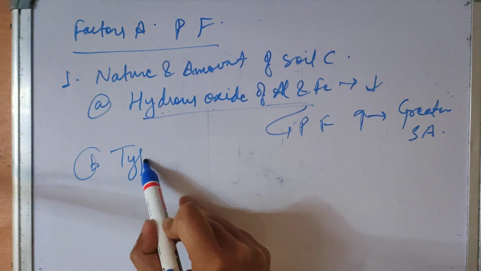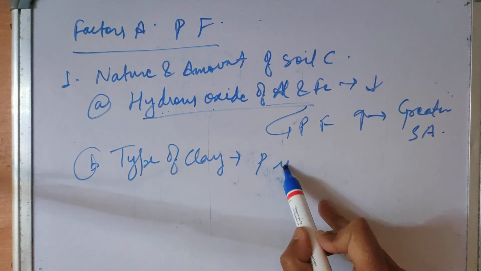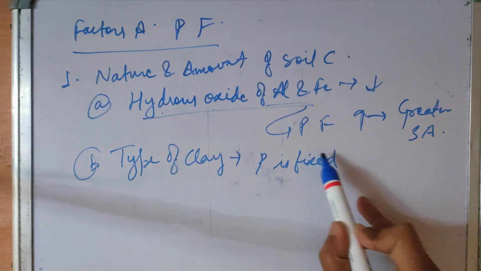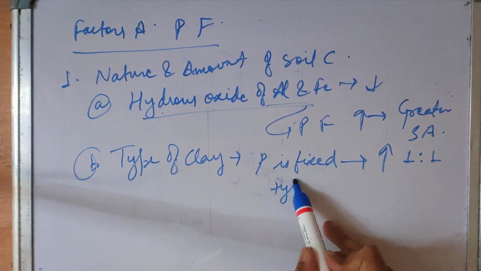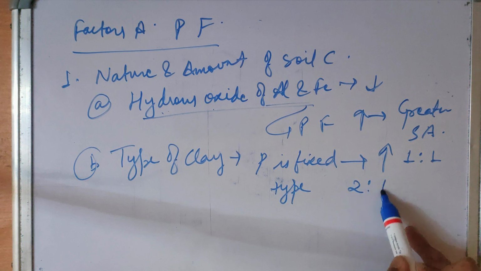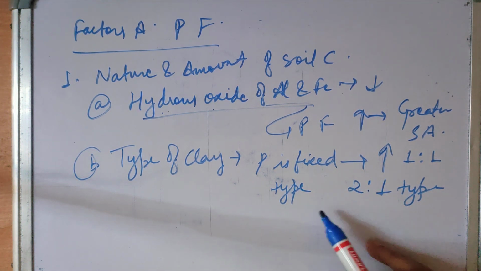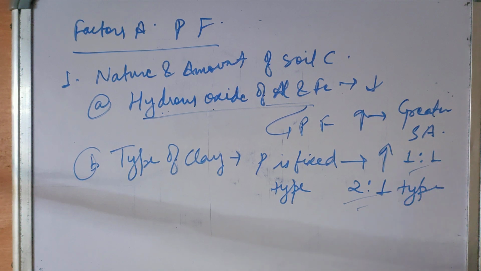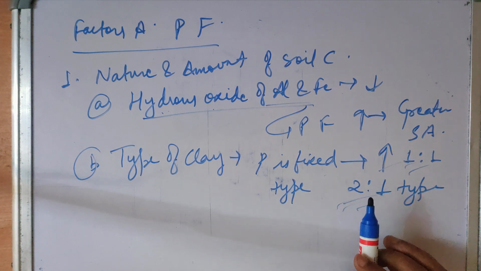Type of clay. Phosphate is fixed to a higher extent in 1:1 type than 2:1 type clay. It is completely opposite of potassium. Potassium was high in 2:1 and low in 1:1, but phosphate is high in 1:1 and low in 2:1.